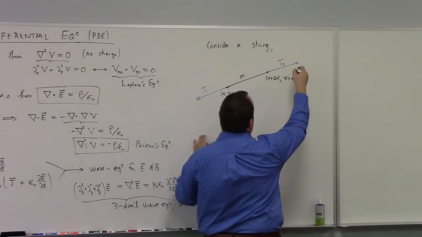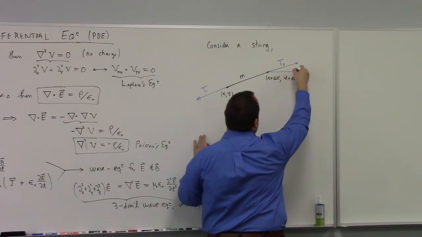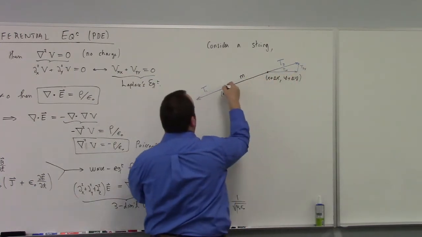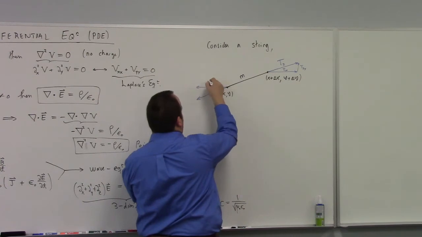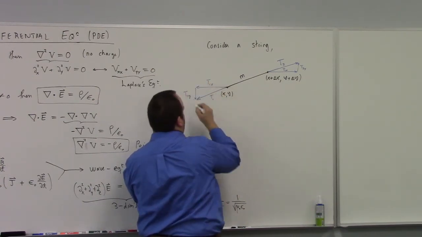Of course you can break this into two pieces, right? There's T2x, T2y, and over here you've got T1x and T1y.